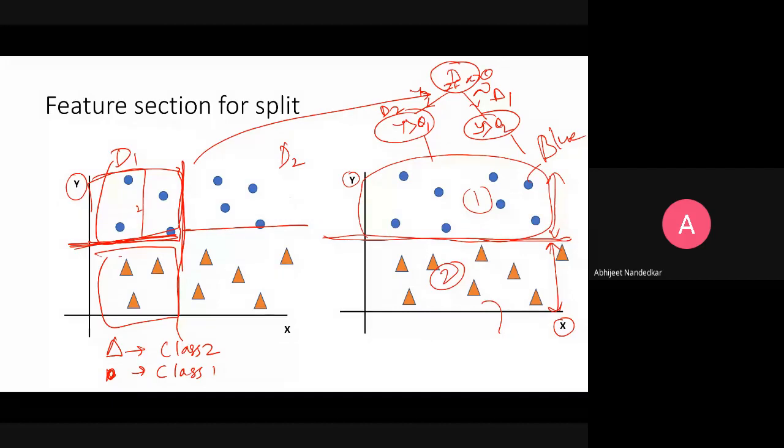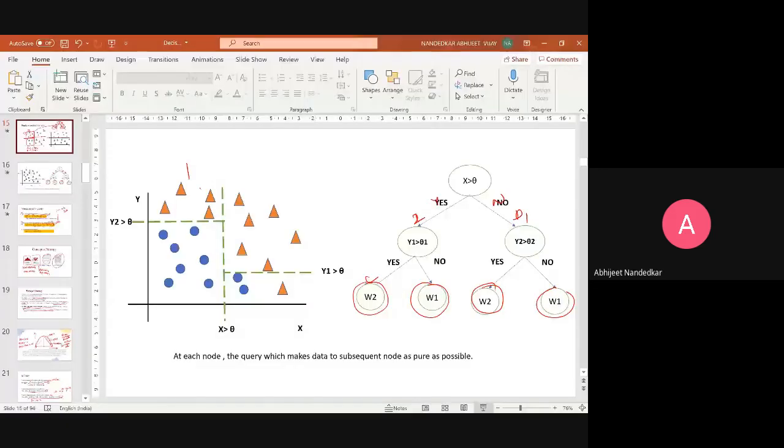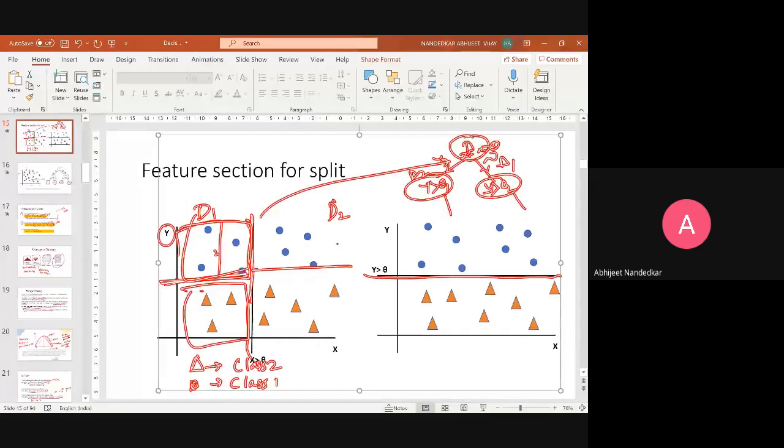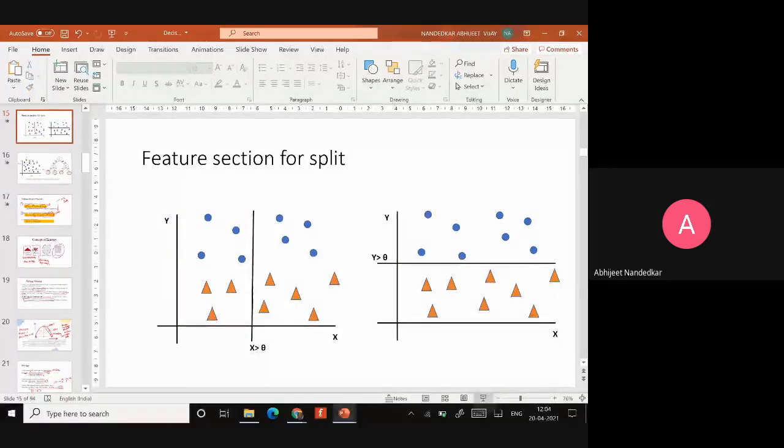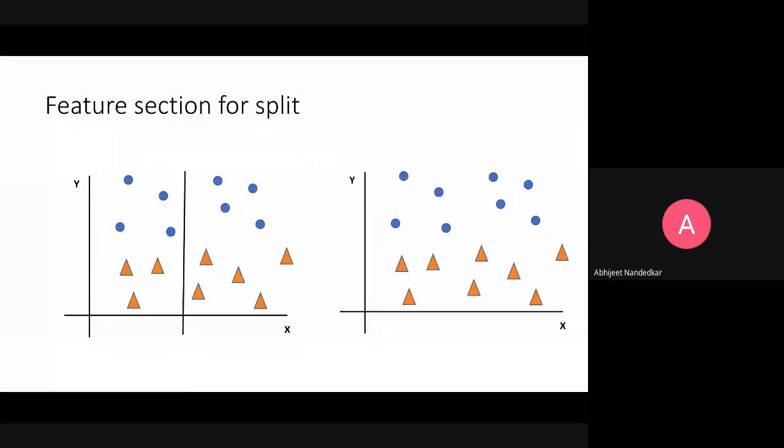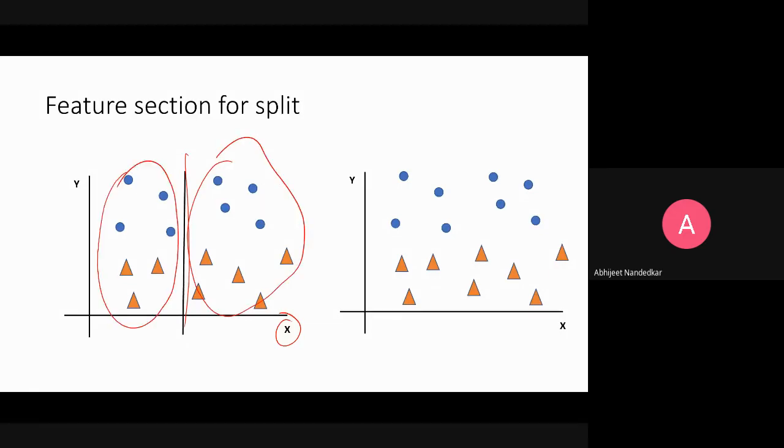So if I divide this line vertically, then you will see that if I use x-axis and divide vertically, this section consists of blue plus orange, and this section also consists of blue plus orange.